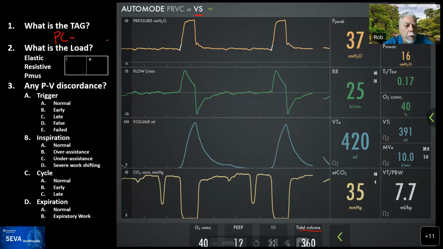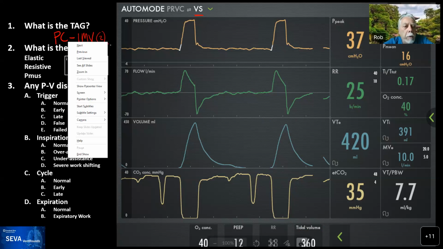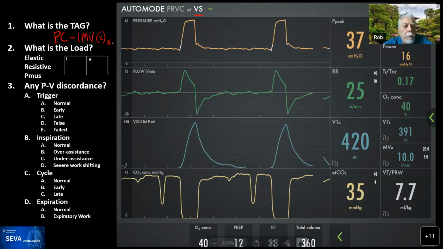And because it's auto mode, we know it's IMV type 2. You can't tell by looking at it. You have to tell by knowing the tag for auto mode. So pressure control IMV type 2, mandatory breaths are PRVC, which is adaptive, and the spontaneous breaths are volume support, which are also adaptive.